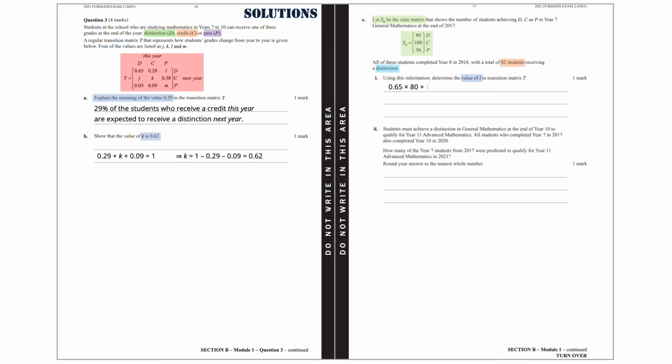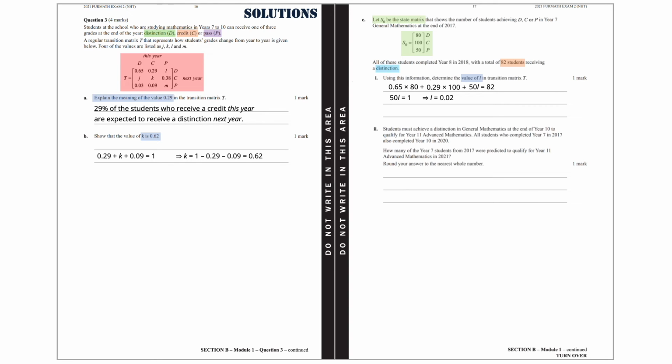Therefore, we have 0.29 times 100 plus 50 times L, where L is the percentage of students who have received a pass this year and are expected to receive a distinction next year. We add these up, and that should be 82. Solving this equation, we obtain that L equals 0.02.